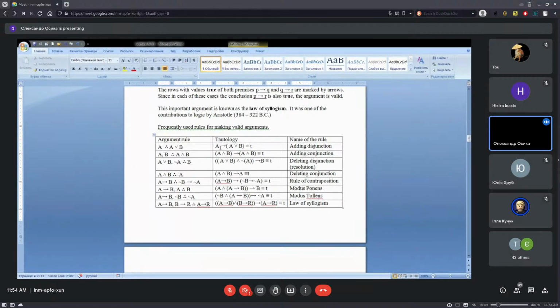So we can make a tautology for this argument like this. From the premise and the conclusion, we connect by implication.